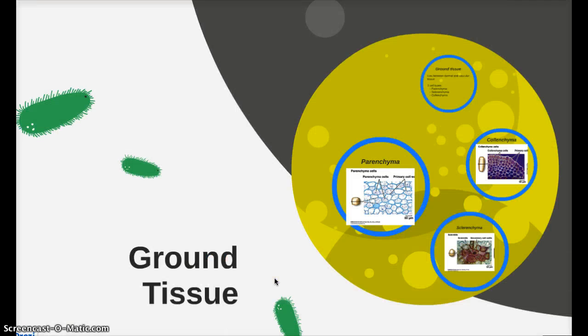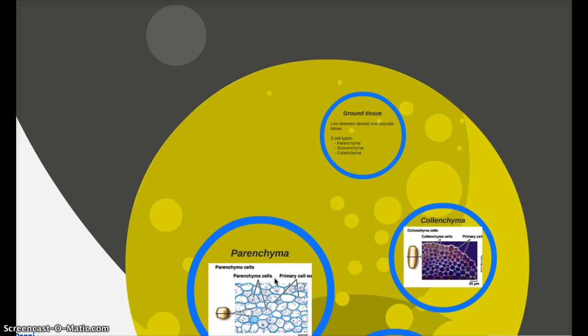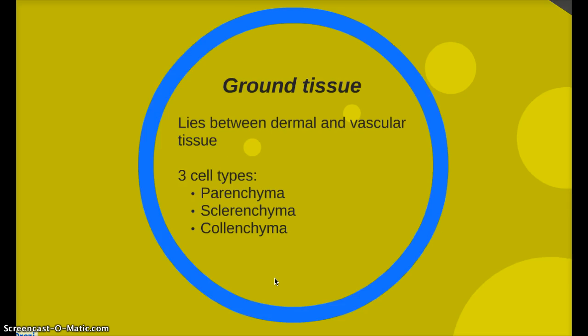Next, we'll move into the ground tissue, which lies between the dermal and vascular tissue. In the ground tissue, there are three cell types: the parenchyma cells, the collenchyma cells, and the sclerenchyma cells. Here you can see them a little better.